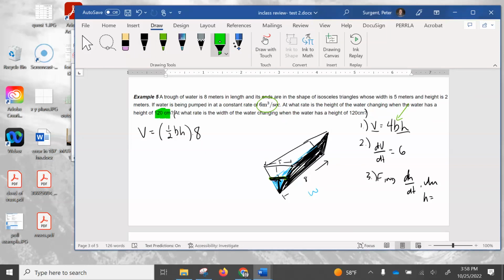Okay, so the issue is one of our values is in meters cubed, the other one's in centimeters, right? So that's no good. I think we could change meters cubed to centimeters cubed if we want, but it would probably be a lot easier to change centimeters to meters.